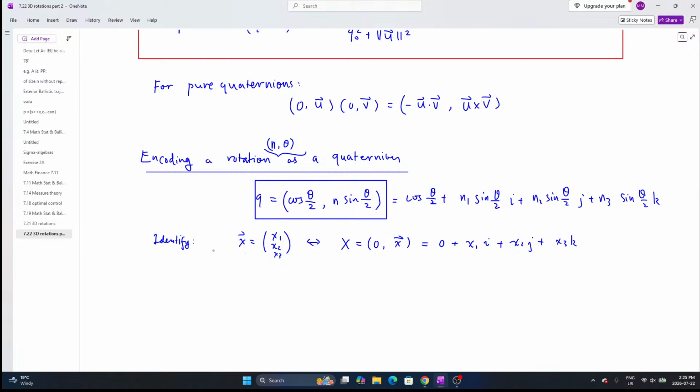But right now, I did this definition, and here comes the formula. The resulting quaternion rotation is this. So rotation is x prime equals q times big X times q inverse, the reciprocal. So that's the formula. And now we're just going to verify this actually agrees with the Rodrigues formula.